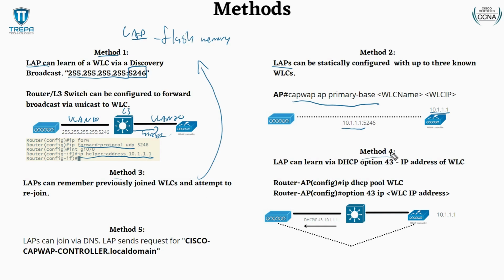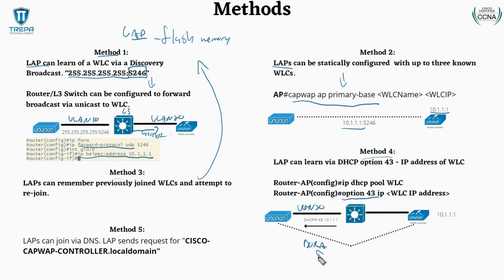Method 4, which is a very common one, the one you're going to see honestly more than any of these because this doesn't scale very well, you run into issues. Method 4 is just setting this access point in a VLAN that is using DHCP and setting the option 43 address, which essentially means when we do our DORA process here as an access point, we're going to get the option 43 attached to that DHCP response.